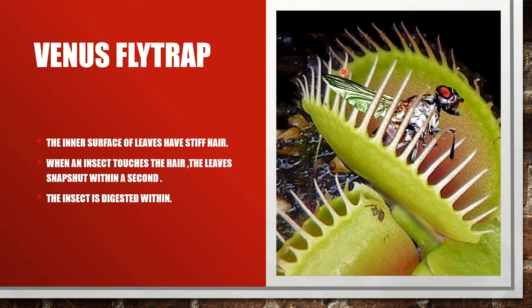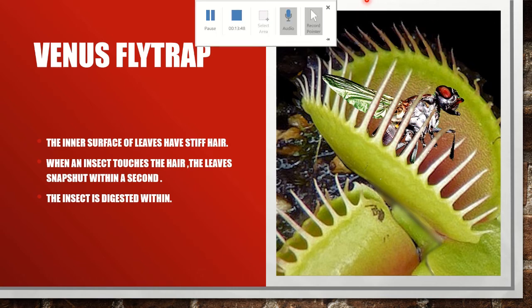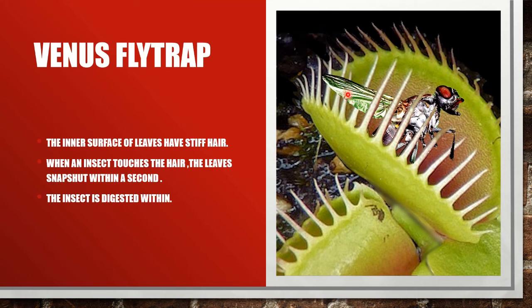You can see here that the Venus flytrap is in the process of snapping shut within a second. When it closes its leaves, the insect will be digested within. So with this we have finished part 2, heterotrophic nutrition in plants.